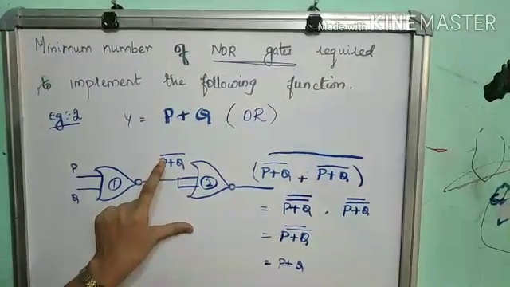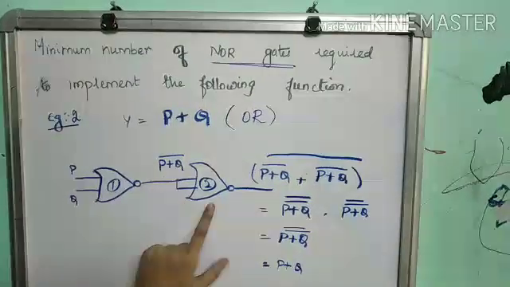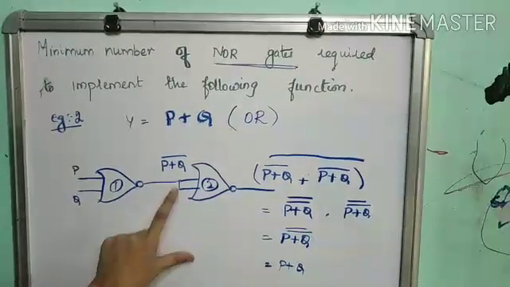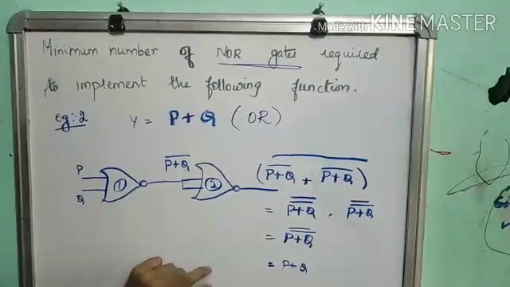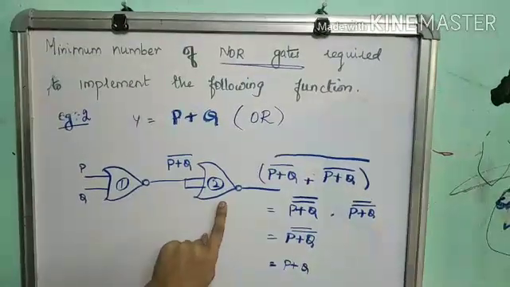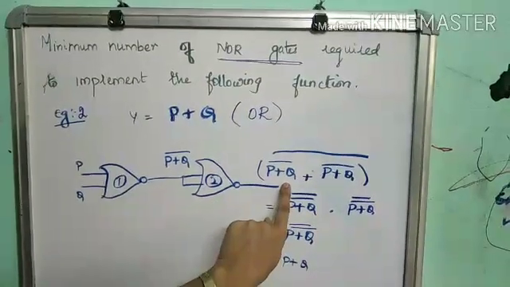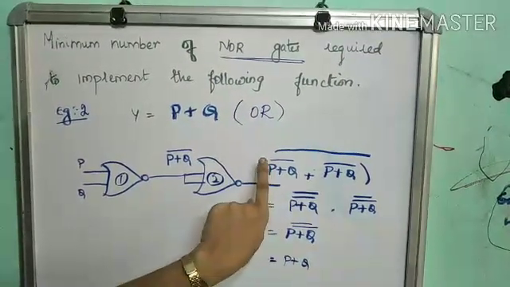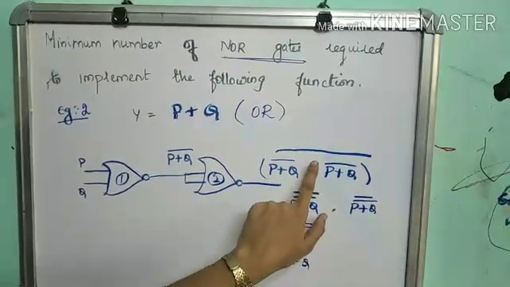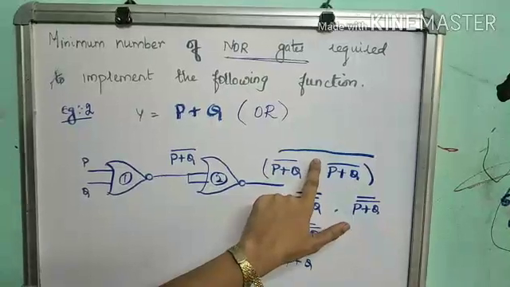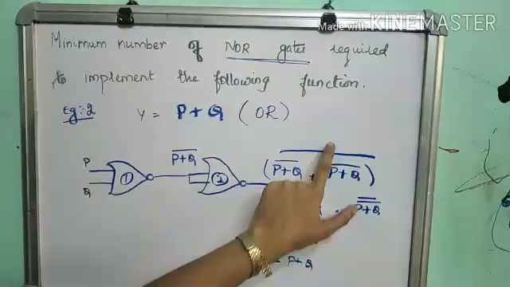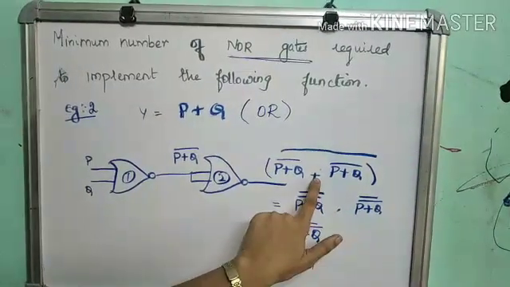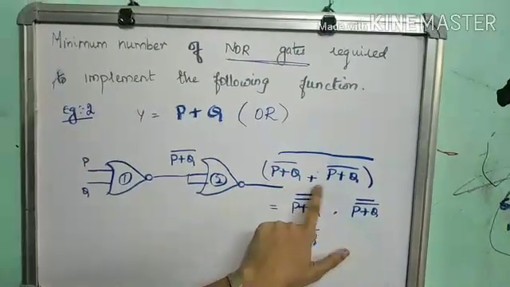This P plus Q whole bar is given as the input to our second NOR gate, with both inputs the same. So the output of the second NOR gate will be (P plus Q bar plus P plus Q bar) the whole bar. After applying De Morgan's theorem, we split the entire bar and make the sum a product.